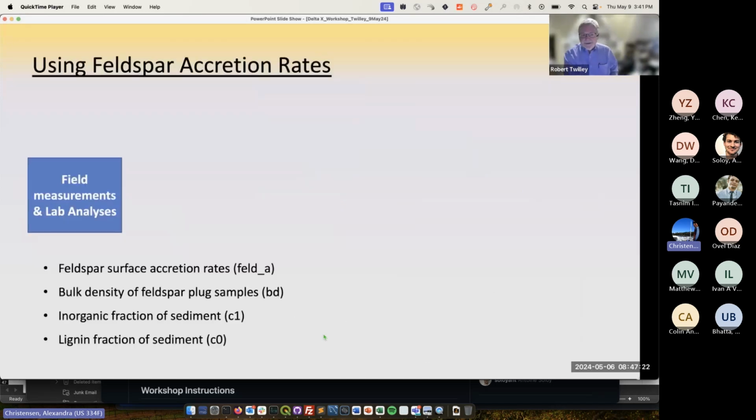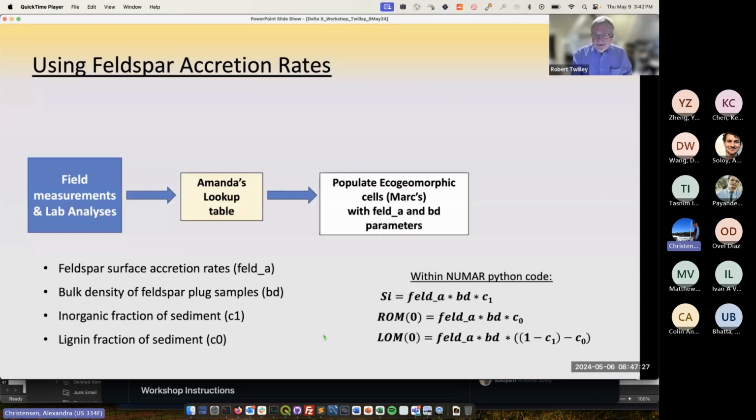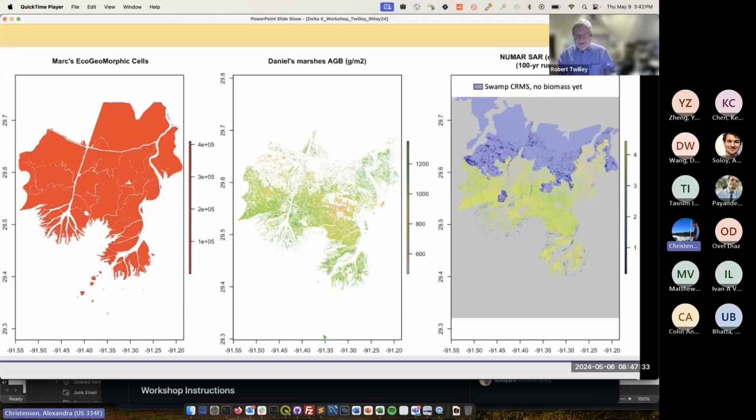You can also take your feldspar measurements across the landscape, put that in a lookup table that gives you the surface deposition, populate your cells in a landscape, and that's what you're seeing here on the left, an image of the different cells in a landscape. In the middle, that's a map of vegetation. So you parameterize the vegetation in each of the cells based on a map such as this.